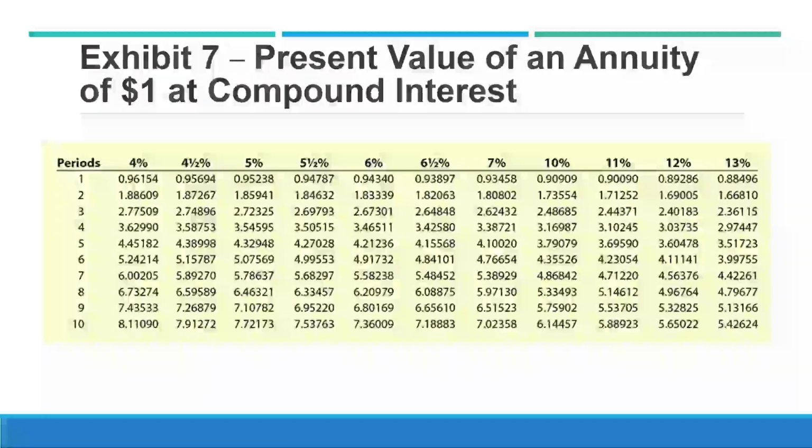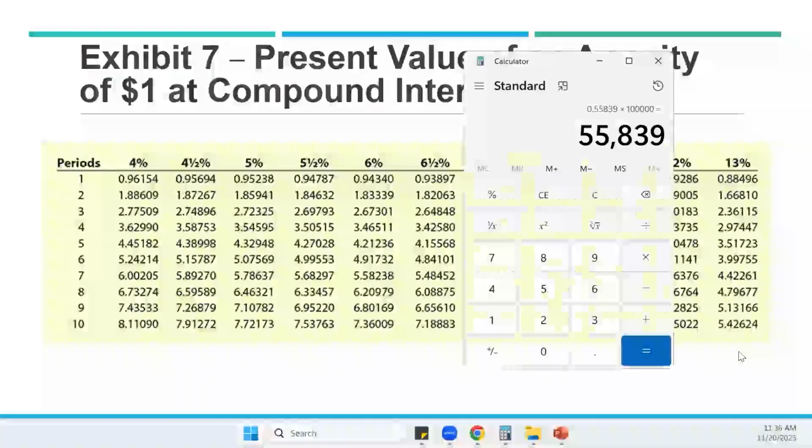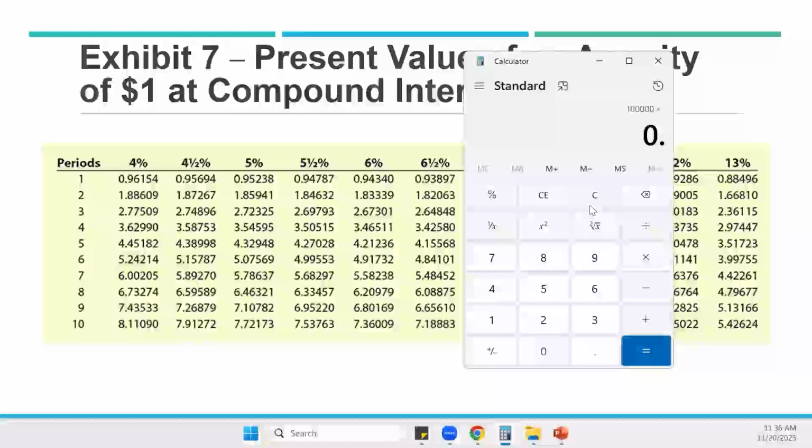And then to calculate the present value of the annuity, we need to take 100,000 multiplied by 6%, because the coupon rate is 12% but the interest is paid every 6 months, so we need to divide that amount by 2.